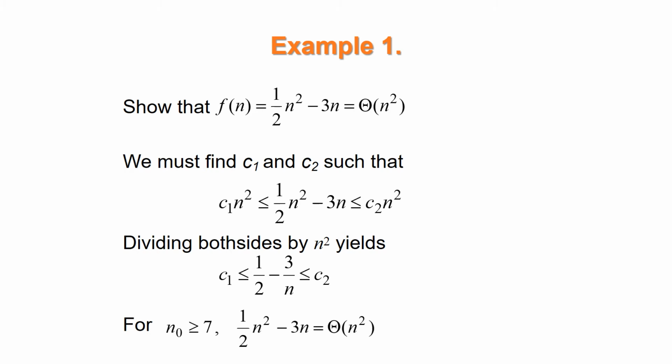Dividing both sides by n squared yields c1 less than or equal to half minus 3 over n, less than or equal to c2, for n node greater than or equal to 7. So half n squared minus 3n equals theta of n squared.